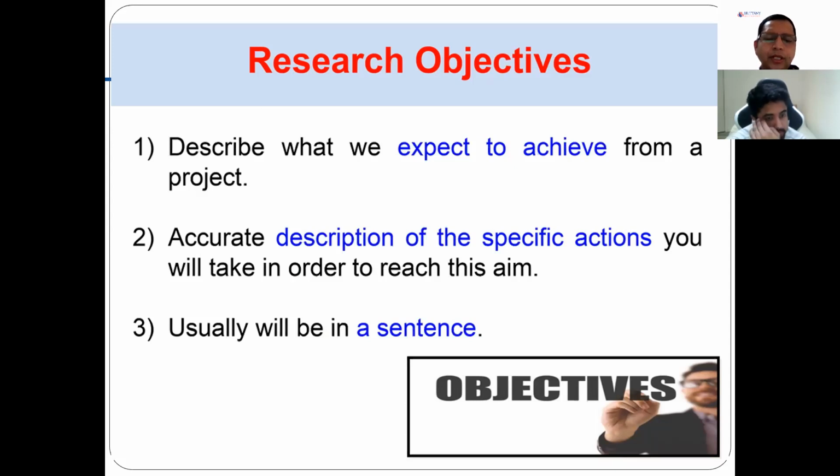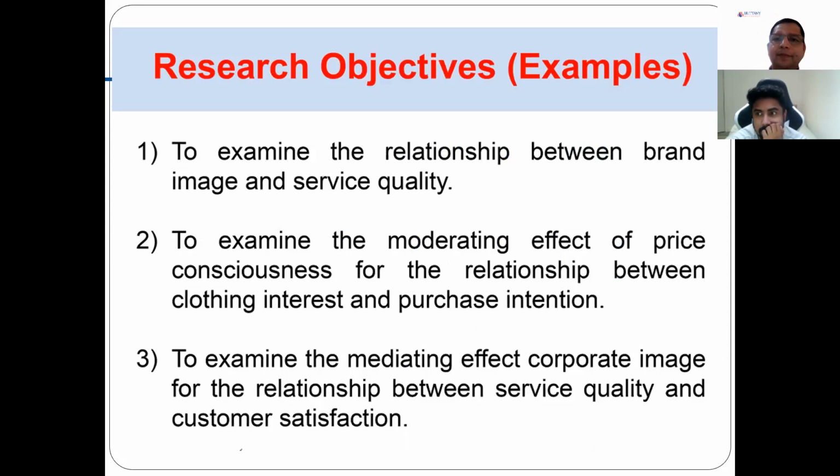Normally it will be in sentence form. Some examples of how we write research objectives use verbs like to examine, to study. This kind of verb you use for writing research objectives and research questions. Again, here, what is the first objective?